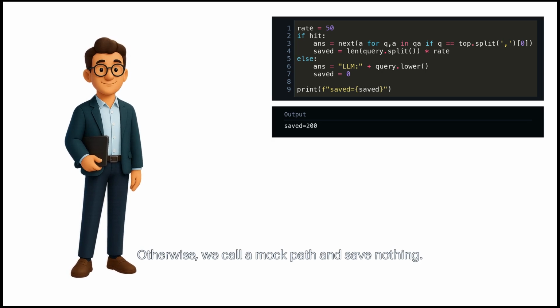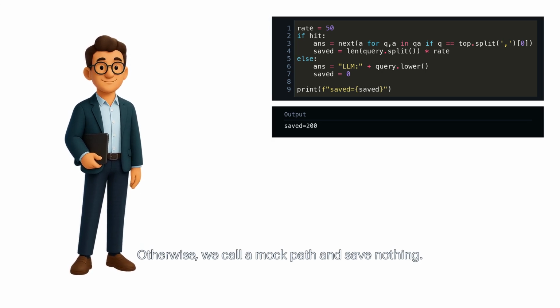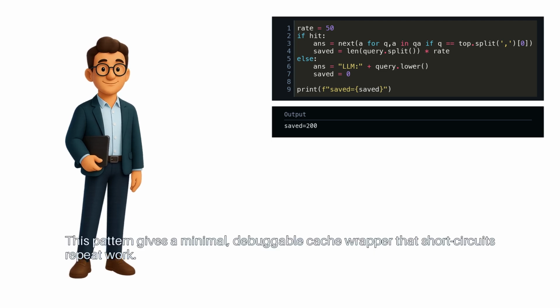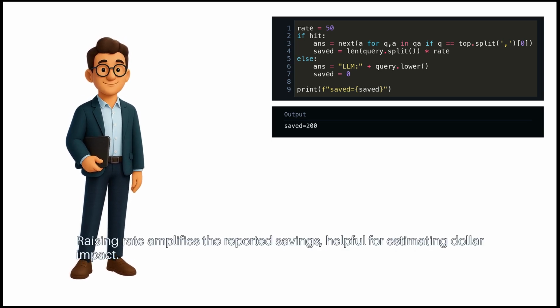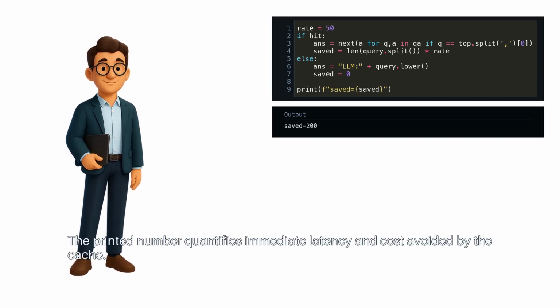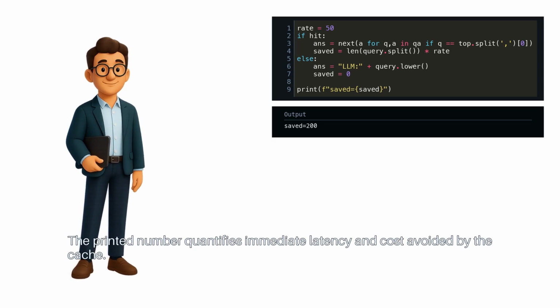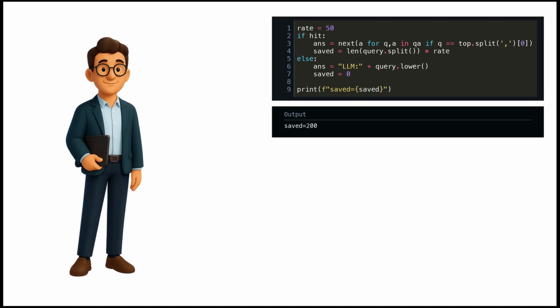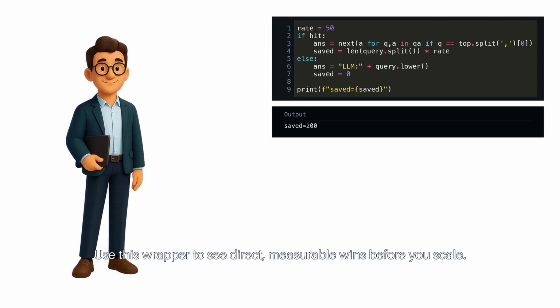Otherwise, we call a mock path and save nothing. This pattern gives a minimal, debuggable cache wrapper that short-circuits repeat work. Raising rate amplifies the reported savings, helpful for estimating dollar impact. The printed number quantifies immediate latency and cost avoided by the cache. Use this wrapper to see direct, measurable wins before you scale.